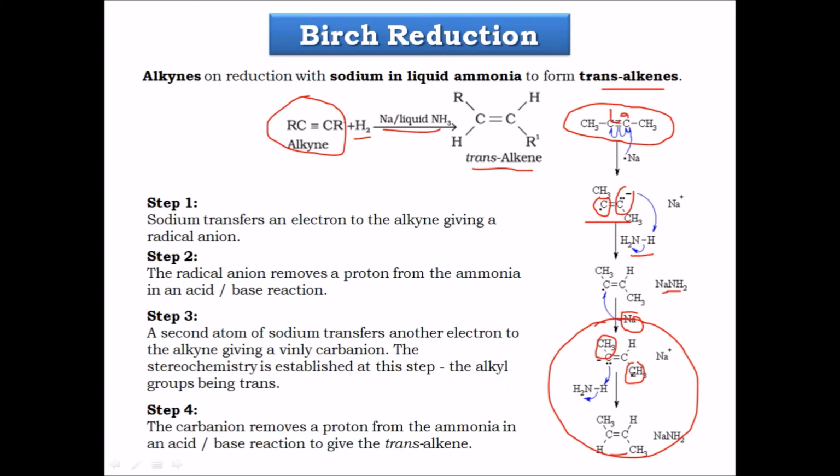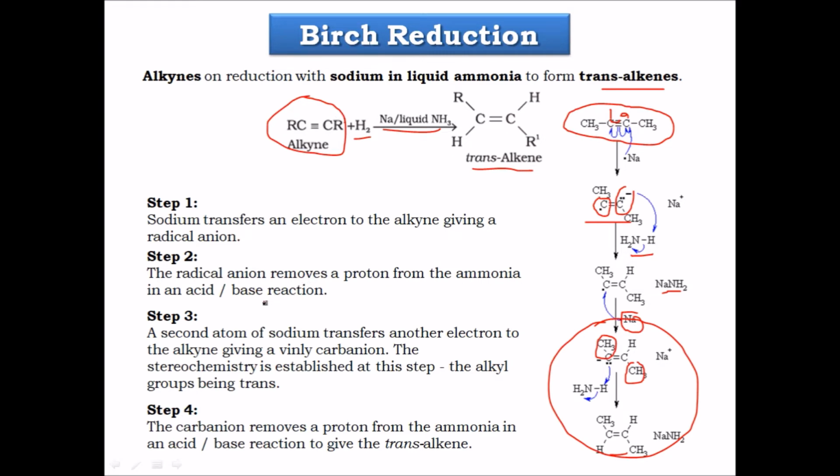And if we take the orientation far away, it has to be always the trans-alkene. So the main stereochemistry of this reaction is decided by the last step, from vinyl carbanion to alkene. So this is regarding Birch reduction, in which we convert alkynes into trans-alkenes by using sodium in liquid ammonia.